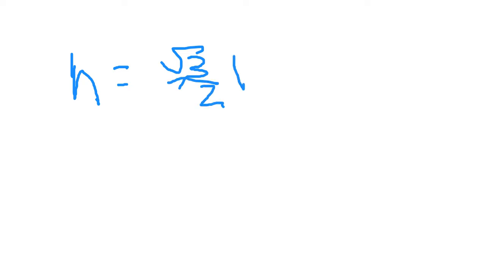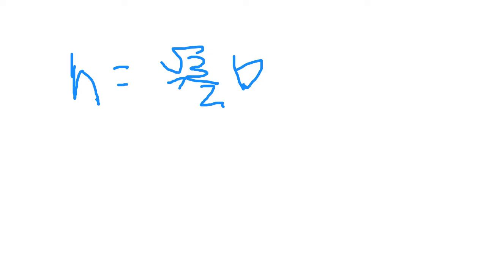Now what we know is that H is equal to the square root of 3 over 2 times the base. And I want to talk to the student who asked the question.